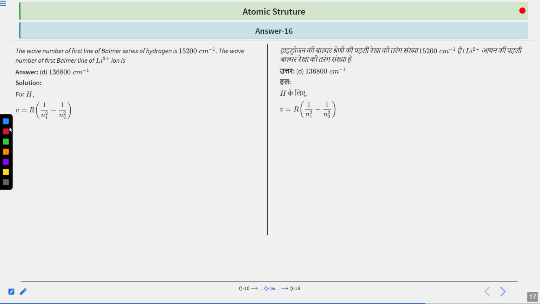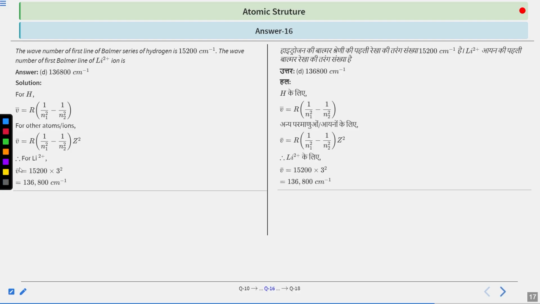For hydrogen atom, we know that the wave number is given by the formula nu bar equals R multiplied by (1 by n1 square minus 1 by n2 square). For other atoms or ions whose Z is not 1, we multiply this whole value by Z square.